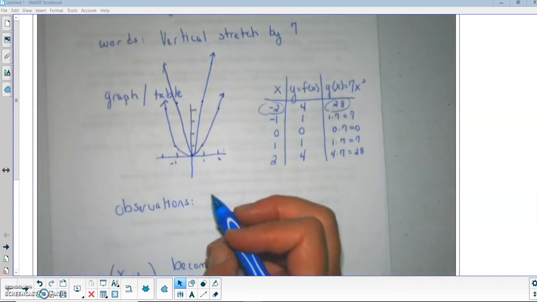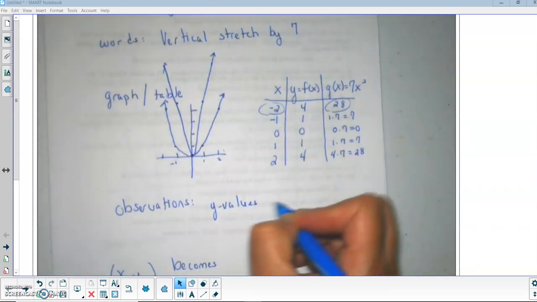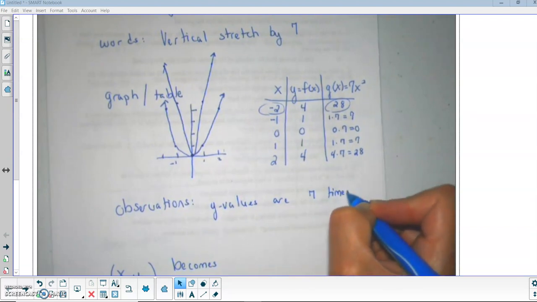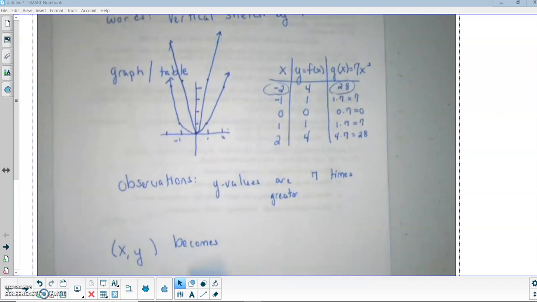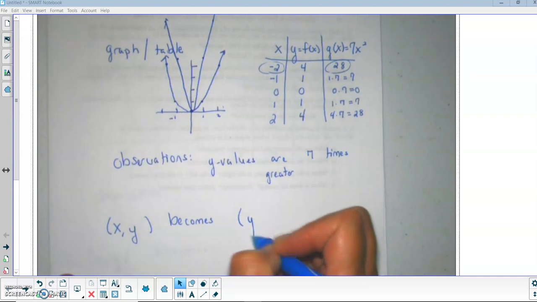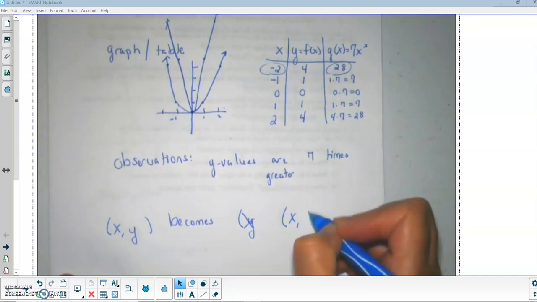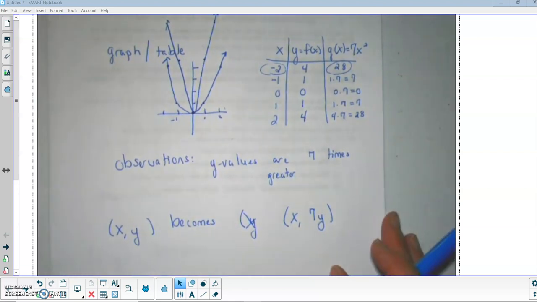So my observation is the y values are 7 times greater. My x's didn't change, but my y's changed by a multiple of 7. So that's the point-by-point representation of this transformation.